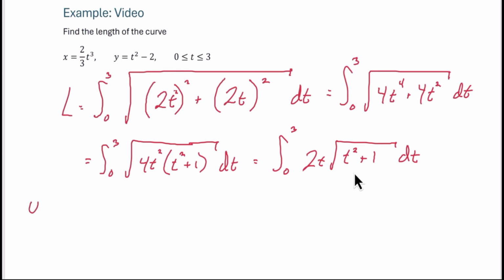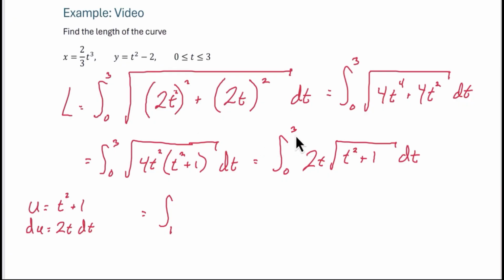Let's let u be the radicand, t squared plus 1. The derivative of u is then 2t dt. Now, when we rewrite the integral, the limits of integration change. So initially we had 0, plug in 0 for t, and we get the lower limit 1.